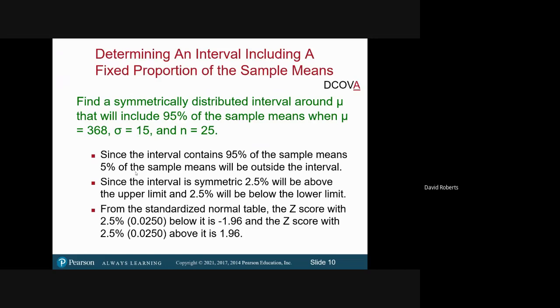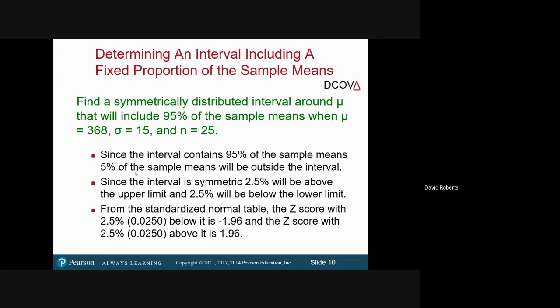So to use the examples on the screen, the average is 368, the standard deviation is 15, and the sample size is 25. Sorry, the standard deviation is 15. My apologies. And the sample size is 25.